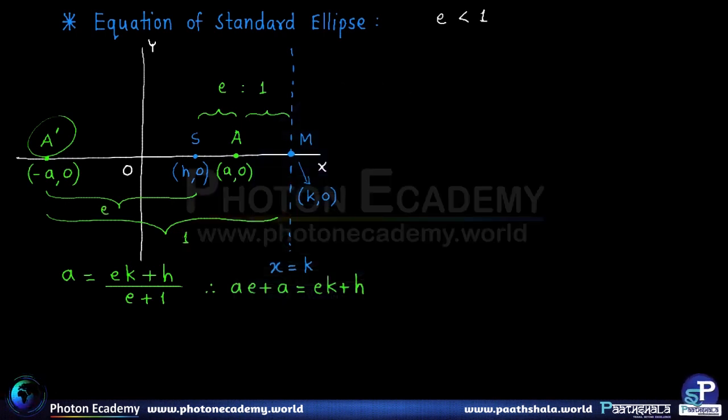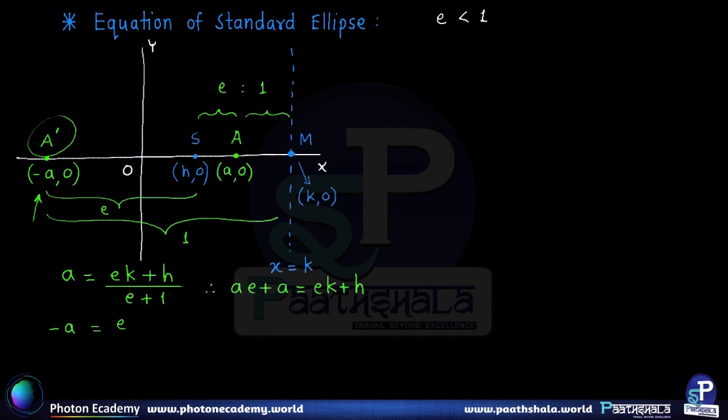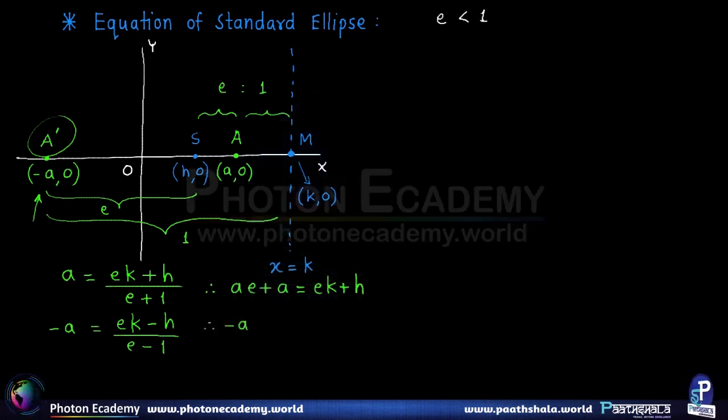So we use the section formula for external division for the x coordinate of A dash, and we get minus A is equal to (E into K minus 1 into H) upon (E minus 1). On cross multiplying you will get minus AE plus A is equal to EK minus H. Let's call these equations 1 and 2.